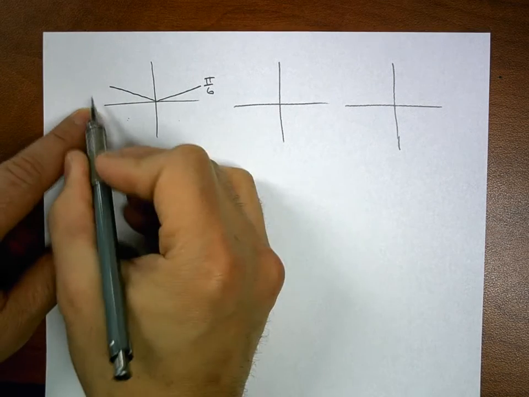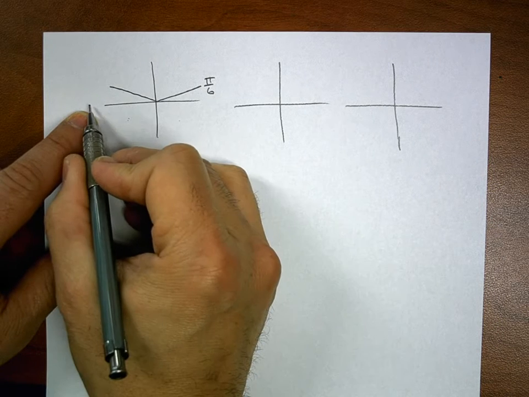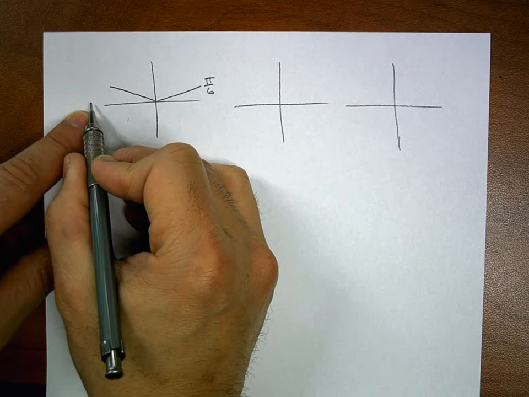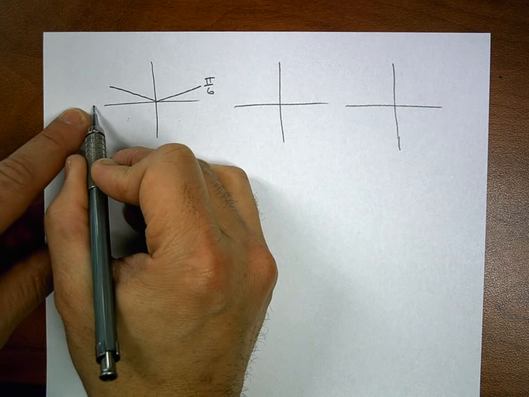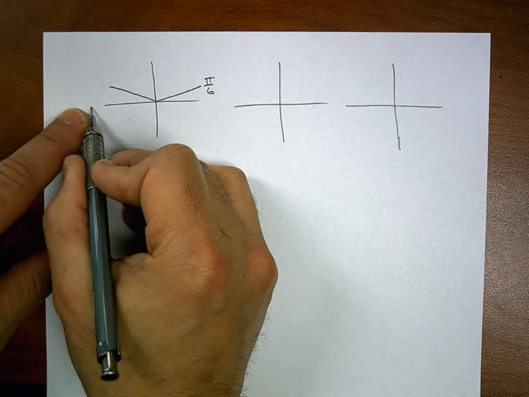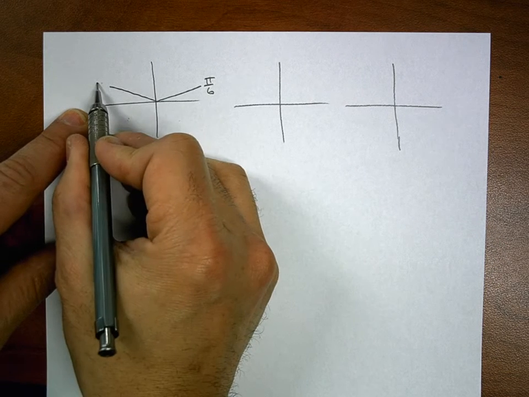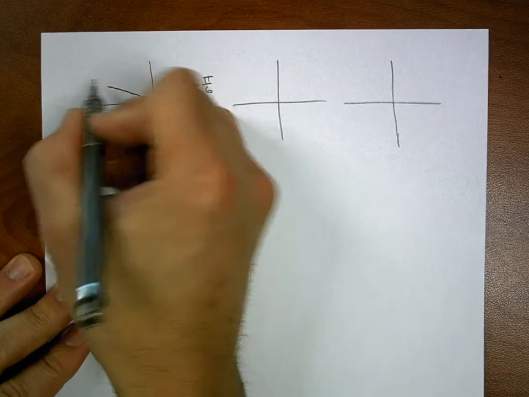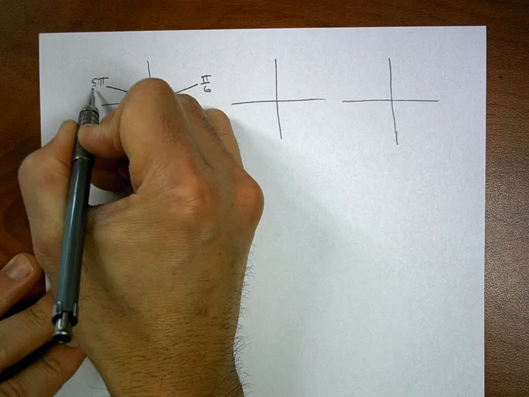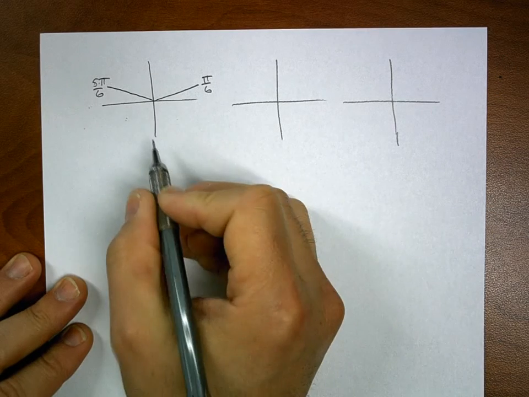If this is 180, this is 1 pi, so 6 pi over 6. But I got to back it up 1, so instead of 6 pi, this is 5 pi. So that's the radian measure of the 30 in the second quadrant: 5 pi over 6.